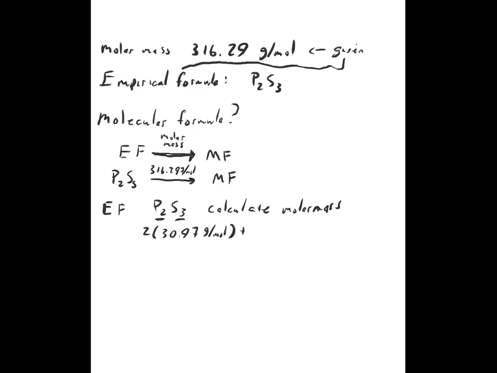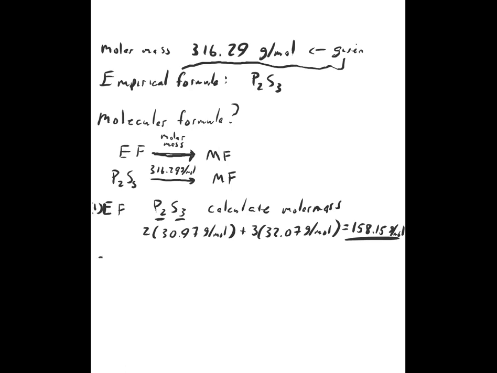Sulfur is 32.07, and there are 3 of them. Okay, so you add those together. So 2 times 30.97 plus 3 times 32.07, and you get 158.15 grams per mole. Okay, so that's your first step in this calculation of the molecular formula.